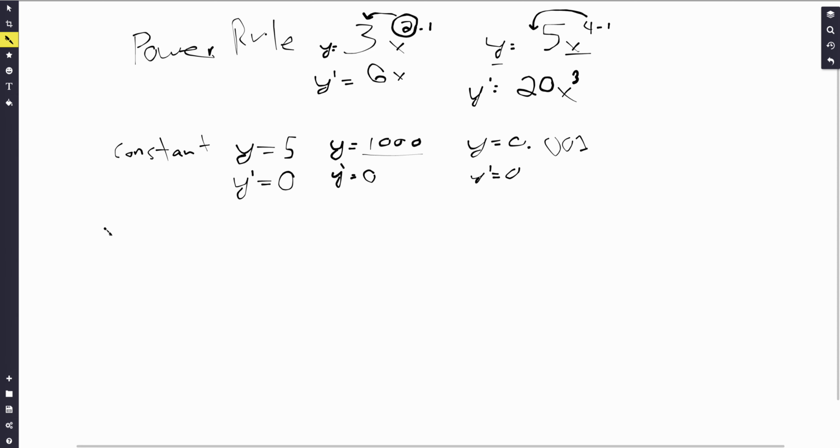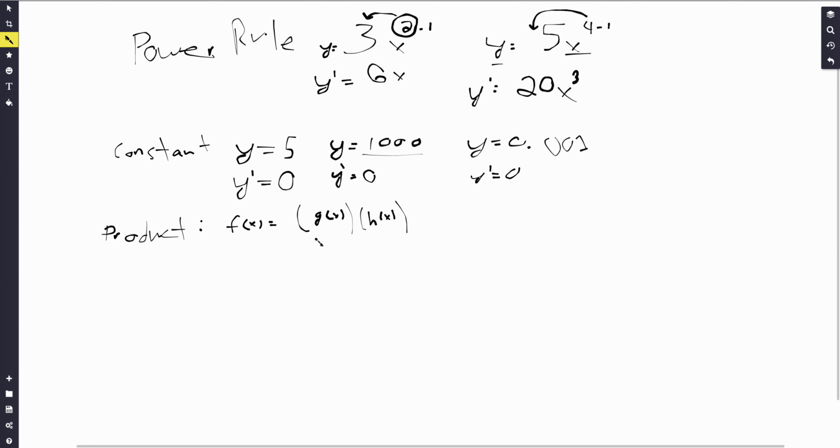Okay, so the product rule. Okay, what is the product rule? So say we have the function f of x is equal to g of x times h of x.